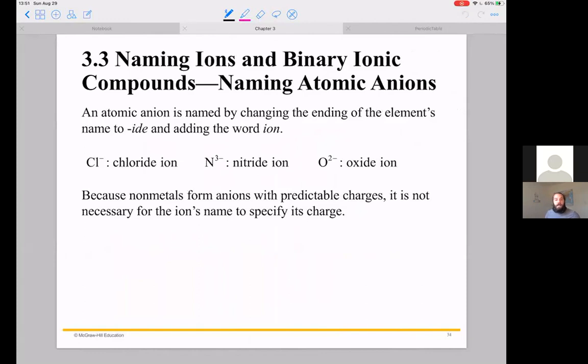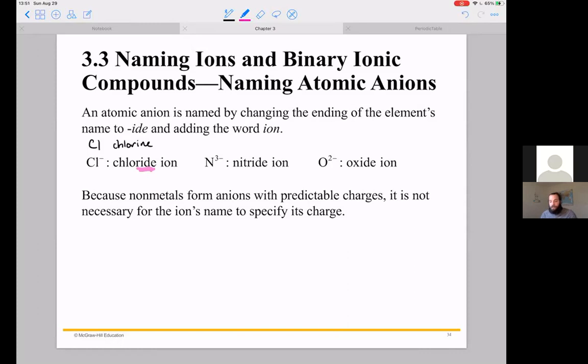When it comes to naming anions, the ions with a negative charge, those are a little bit more complicated, right? So Cl all by itself is chlorine. What happens is we chop off the end of these element names and stick on an -ide. So the chlorine ion is the chloride ion.